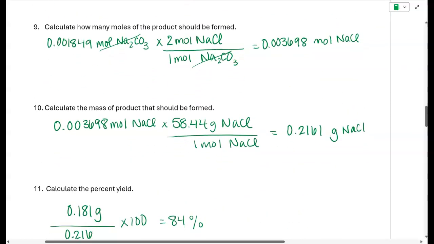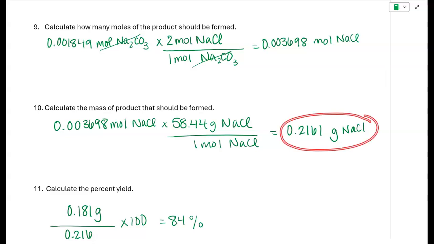So we take the moles of sodium chloride and we multiply it by the molar mass. So we have moles of sodium chloride, and that's going to cancel out, and we're going to get this number here multiplied by 58.44, and then we get our theoretical yield of 0.2161 grams of sodium chloride.